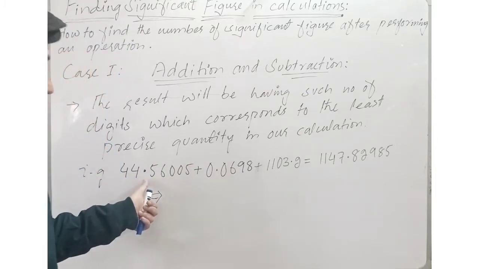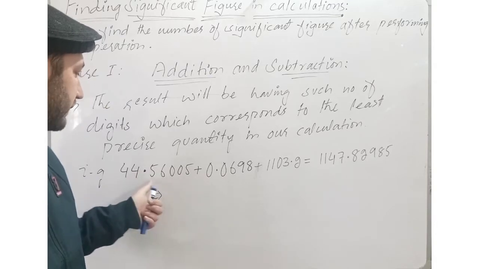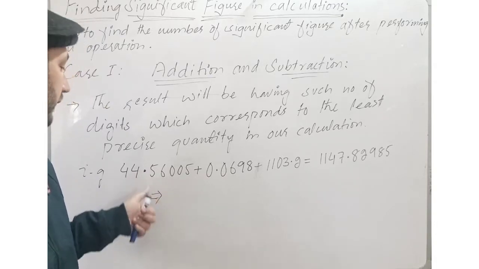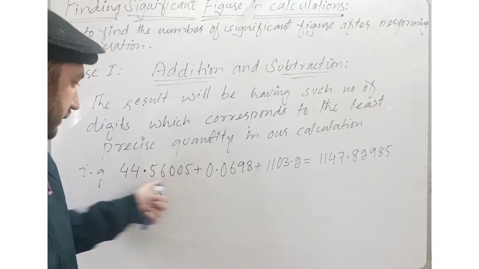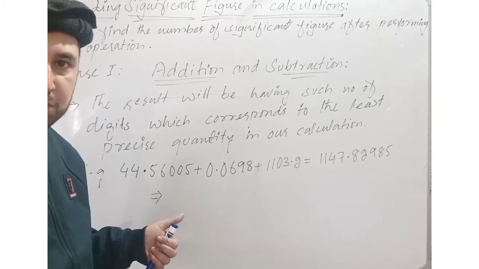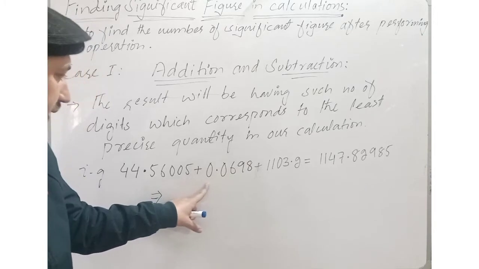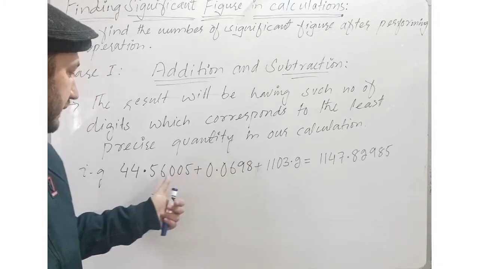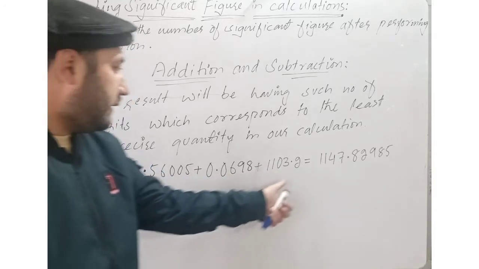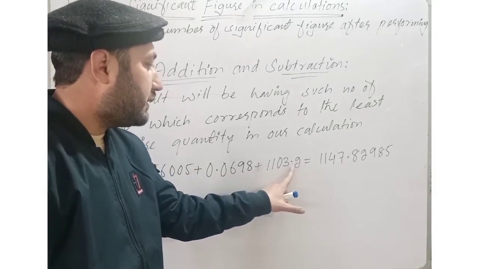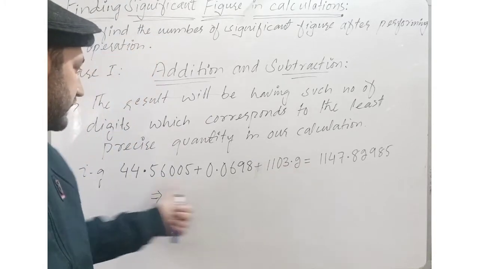So this will be the highly precise measurement because it has more digits after the decimal point, which suggests that we have measured this value with a very precise instrument having a low least count, right? And this value is comparatively less precise than this value and more precise than the third value. And over here we are having only one digit after the decimal point. So this is the least precise measurement in this calculation.